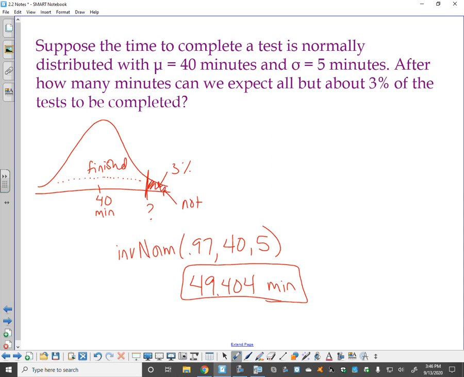If I normal CDF from 49.404 to infinity with a mean of 40 and a standard deviation of 5, I know I should get about 3%. Remember, you're doing the opposite. You are given the percent. I'm asking where should you slice it to get that percent. That's why it's called inverse norm.